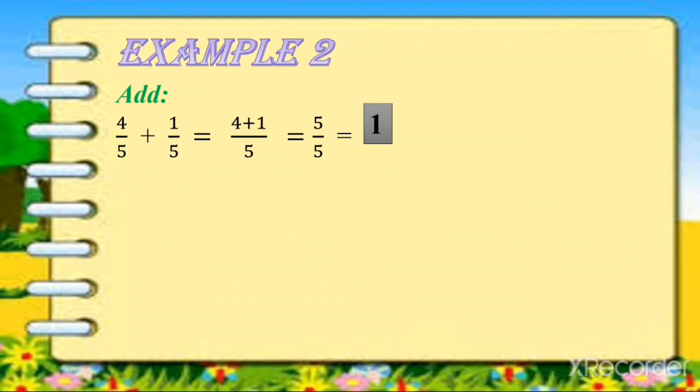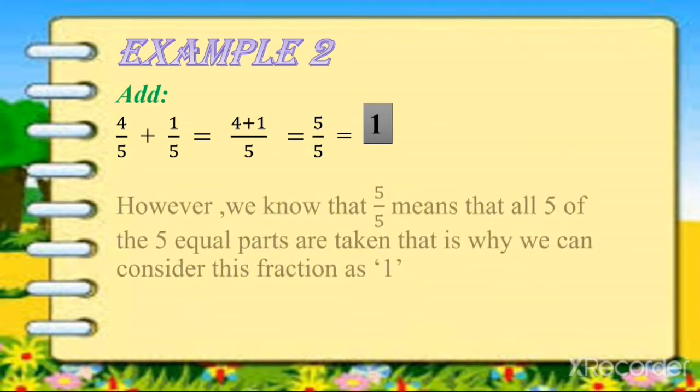If I have taken one apple and I have divided it into 5 parts, now those 5 parts will be the whole apple. That is why the answer will be 1.